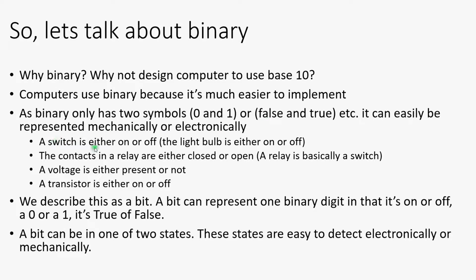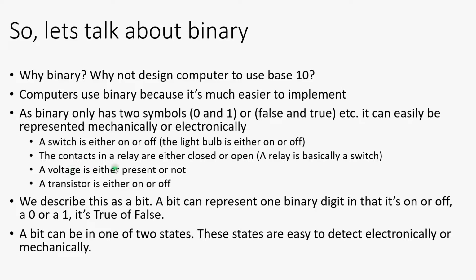My examples here: a switch is either on or off. The light bulb on that switch is either on or off. That's a binary condition. It's easy to see and represent. The contacts inside of a relay are either closed or open. A relay is really just an electromagnetically driven switch. But again, we could say if the contacts are closed, it represents a 0. If they're open, it represents a 1.